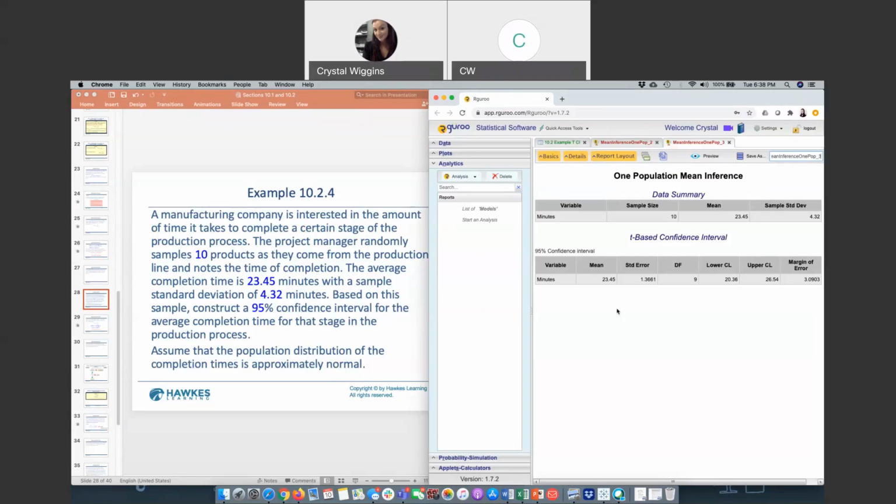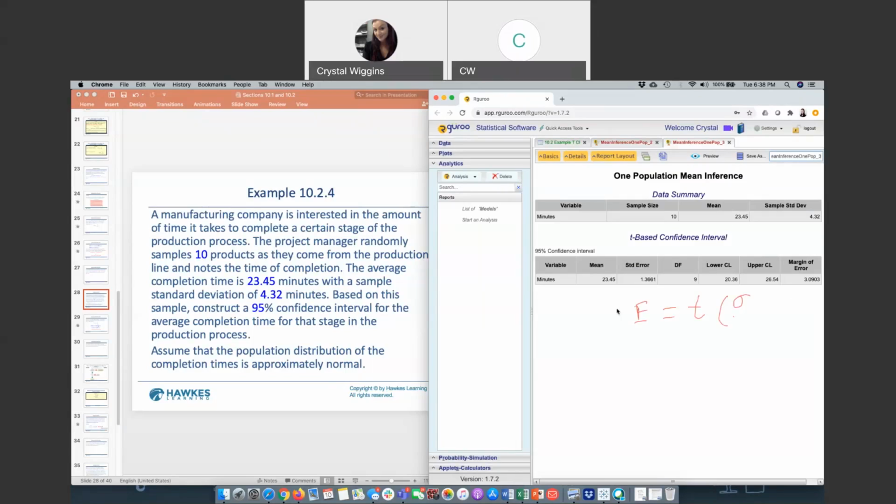But if you want to stick with technology and not necessarily go to tables, well, we know that the margin of error is equal to the critical value t times the standard error.